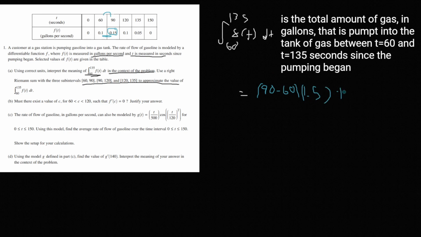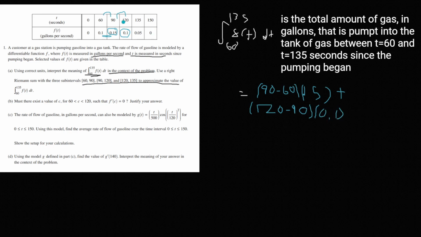And then we're going to add this with 120 minus 90 times the value at 120, which is 0.1. I put 1.5, this is supposed to be 0.15, and then this is going to be 0.1.